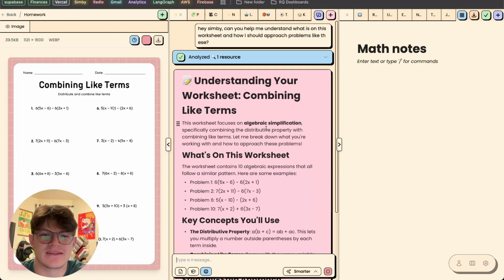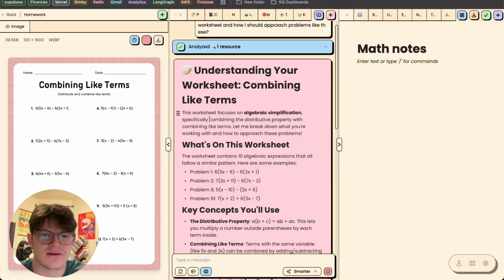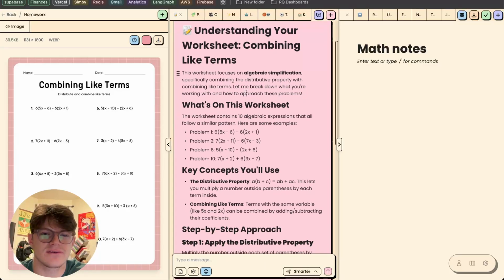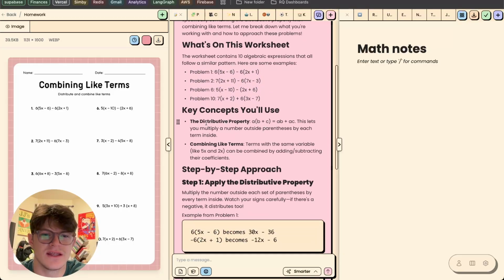Based on what Simby says, this worksheet is about algebraic simplification, which is combining the distributive property with combining like terms. It's going to help me break down these different problems and how to approach them. So it knows all the problems on this sheet and the key concepts we need to know, which are the distributive property, notated like this, and combining like terms.